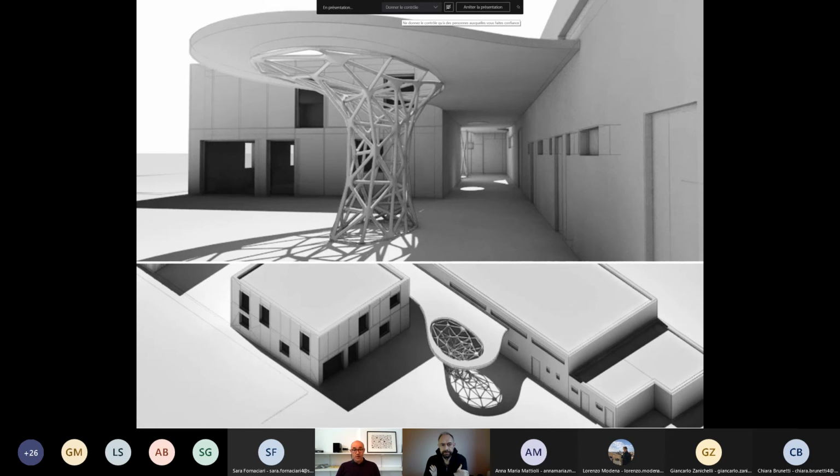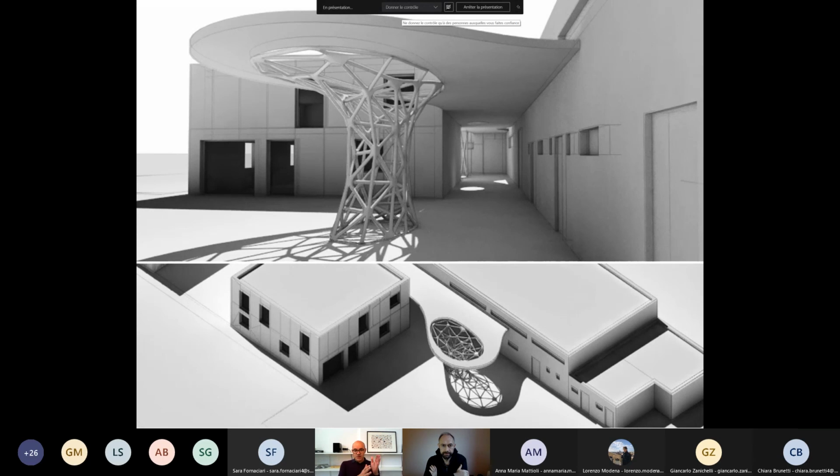We won the competition. I mean, it was not a big competition, but we won it. And we said, okay, we will build this by 3D printing sand molds and pouring fiber reinforced concrete in it.